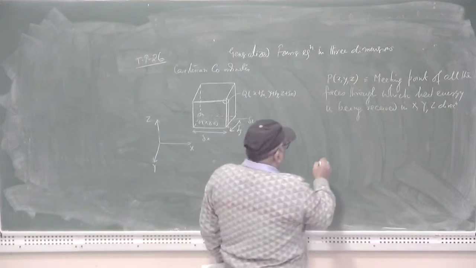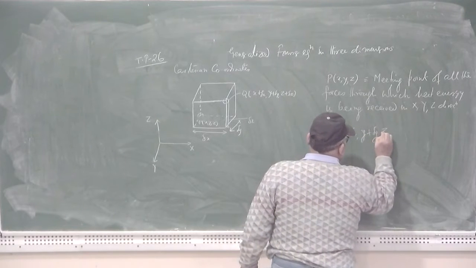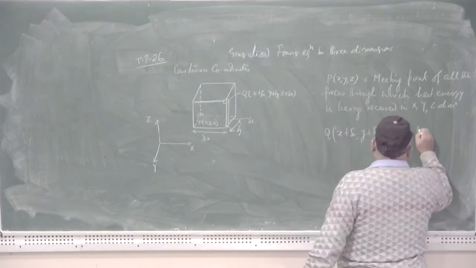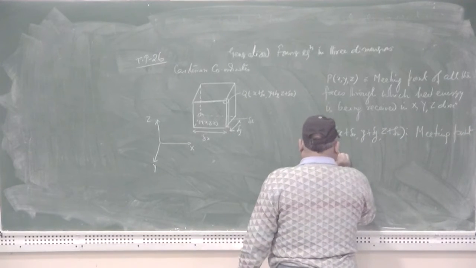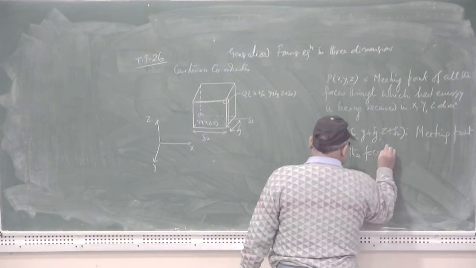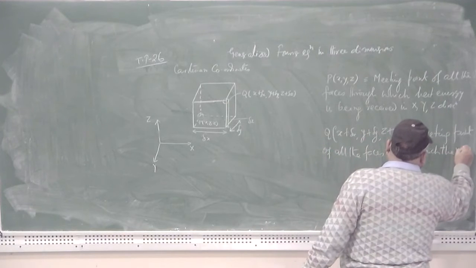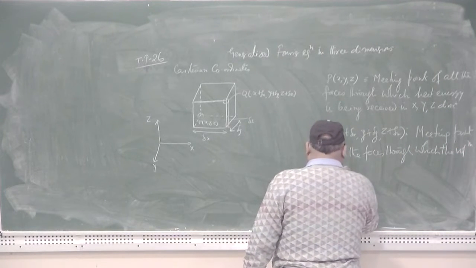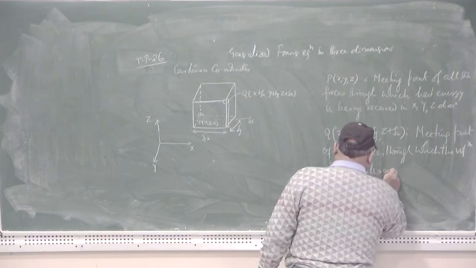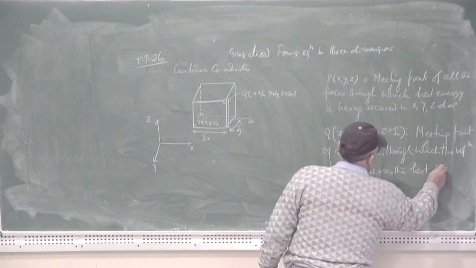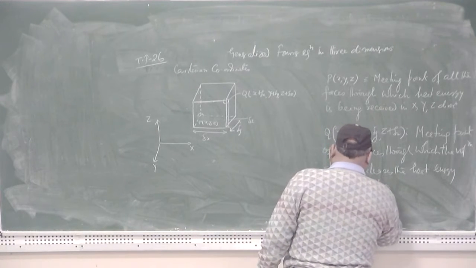Similarly, the point Q, x plus delta x, y plus delta y, z plus delta z, is the meeting point of all these faces through which the volume element releases heat energy along the x, y, and z directions.